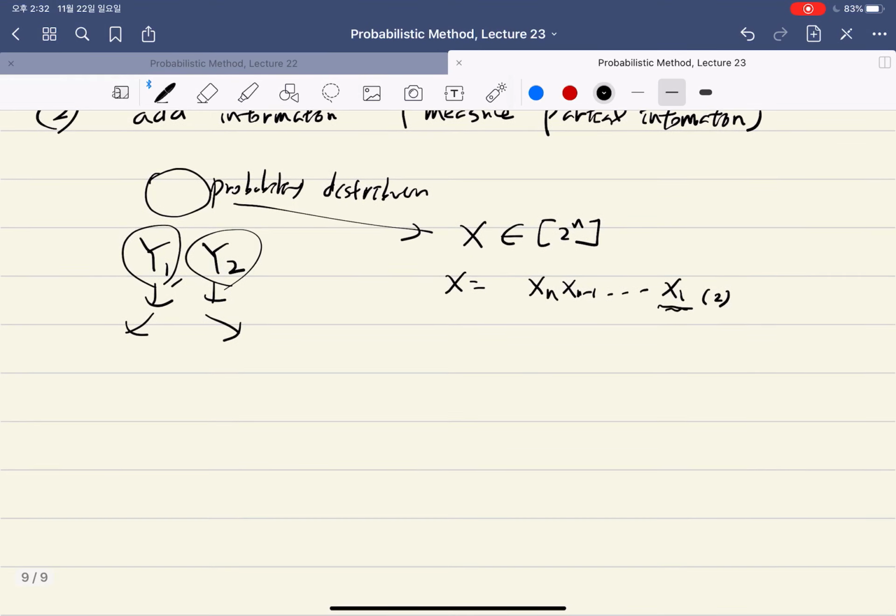But if this tells about the first digit, and this one says some other information, let's say, is x congruent to 1 mod 4.